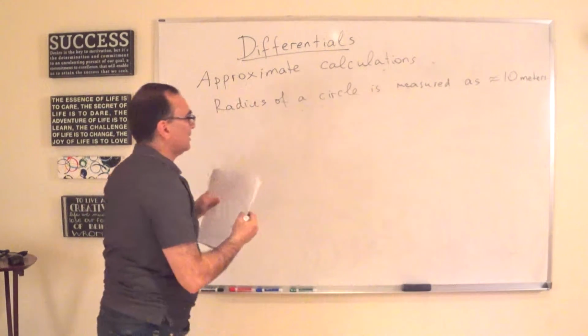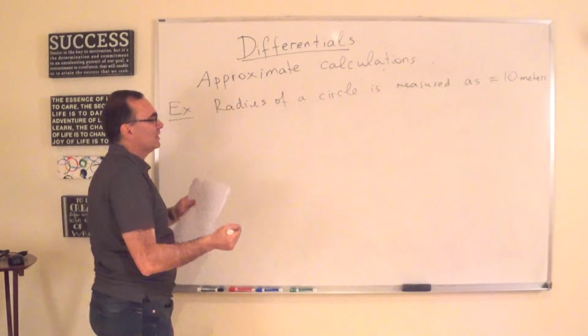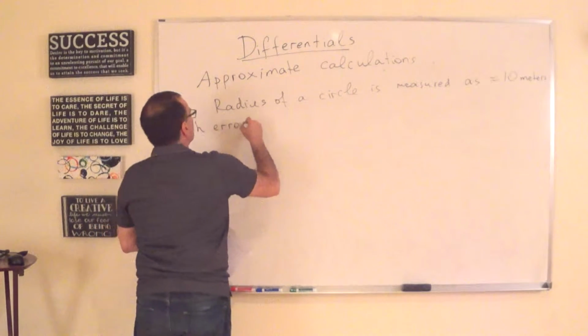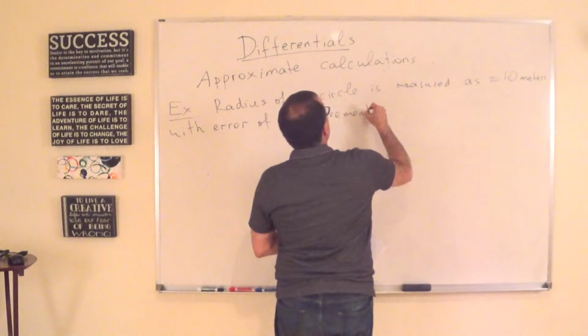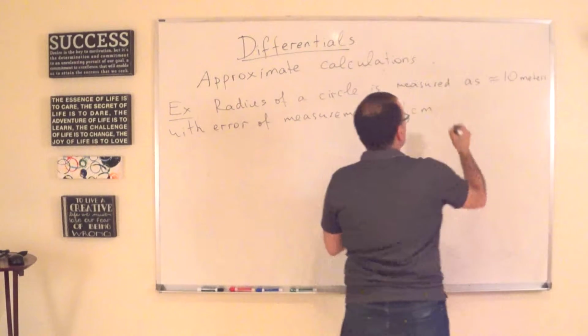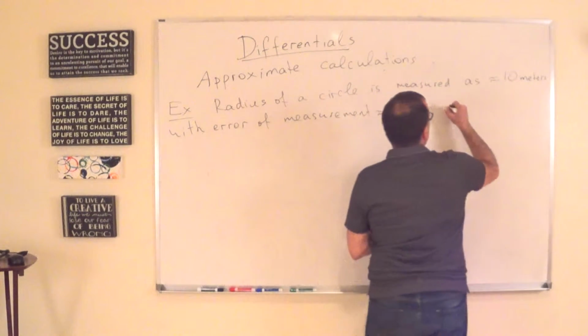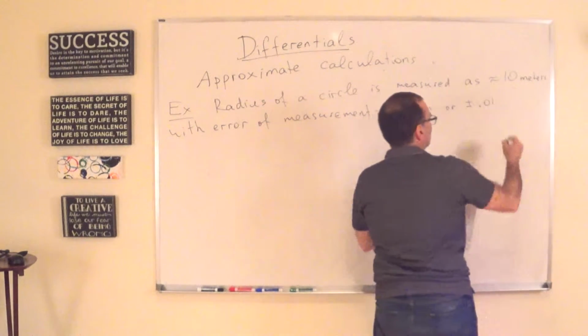All we know is that the error of measurement is approximately 1 centimeter. It's actually plus or minus 1 centimeter, or plus or minus 0.01 meter.